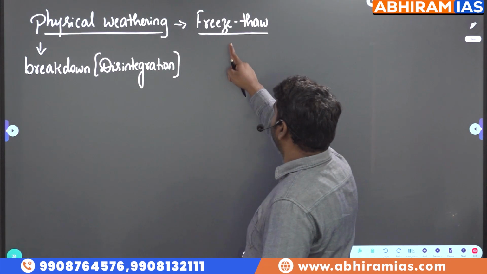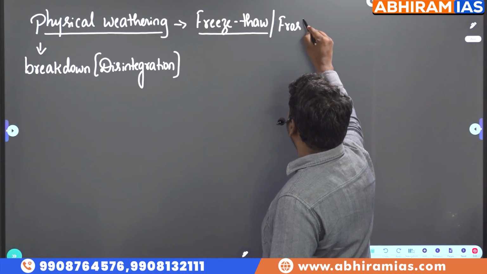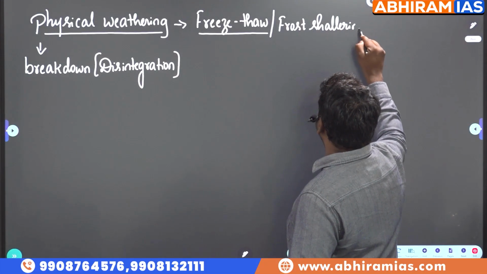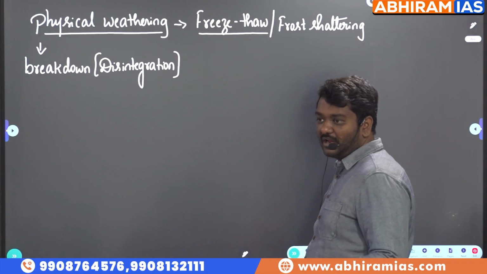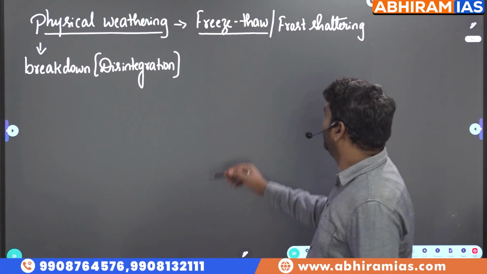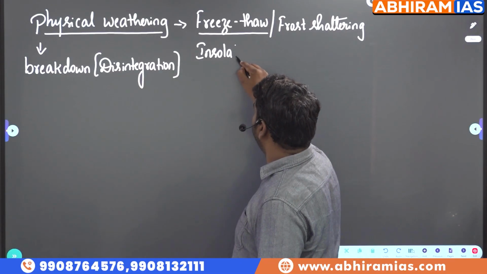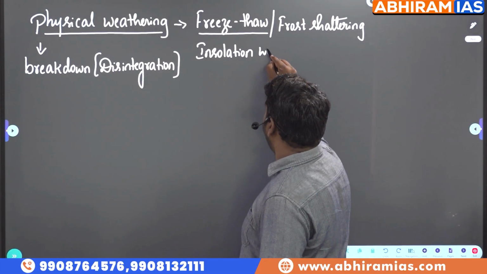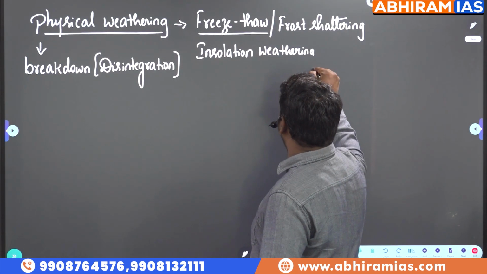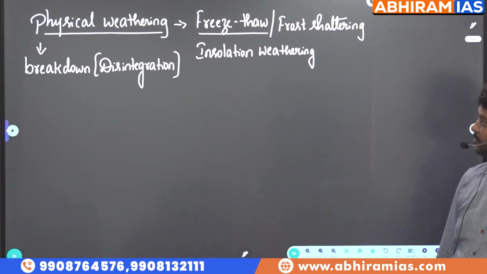In that, the first one is freeze thaw, or we call it frost shattering. Water turns to ice alternately, and when it forms, it will break. Second, we say insolation weathering. That means in arid and semi-arid regions, because of high temperature, there will be weathering called insolation weathering.